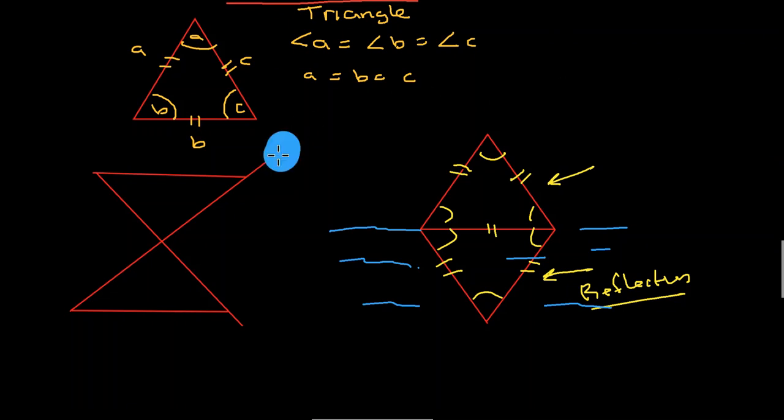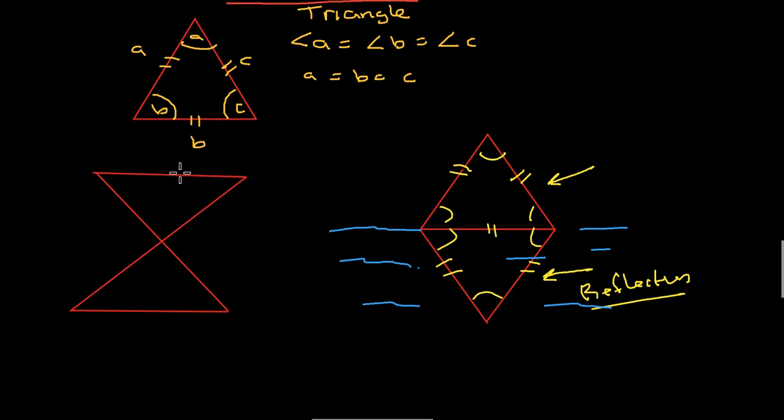Okay, let's just rub out these little bits there. So you can get something like this. And what you essentially have there is 2 equilateral triangles, but you've only used 4 lines to draw it.